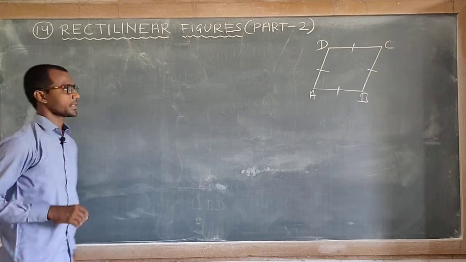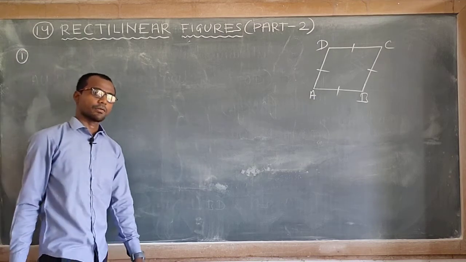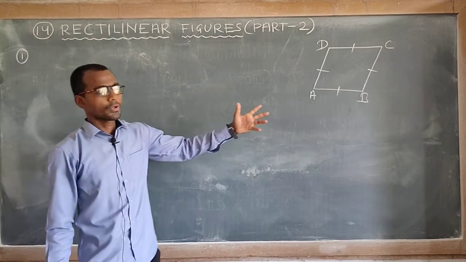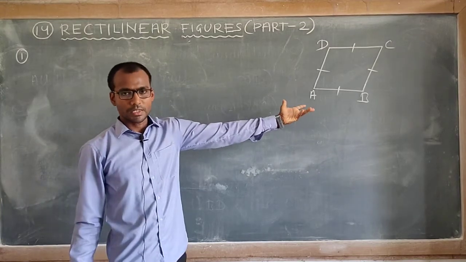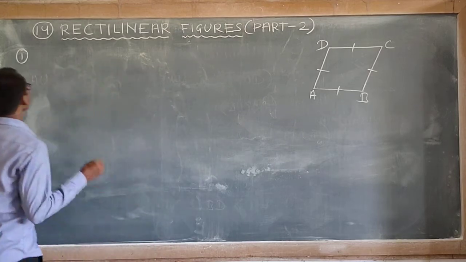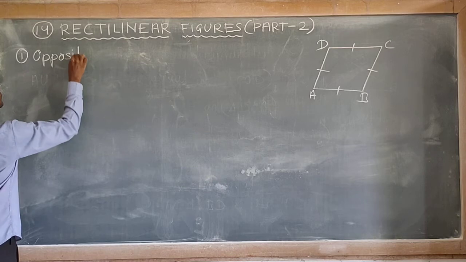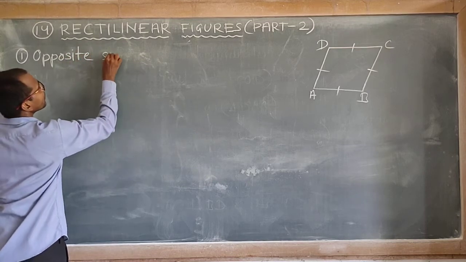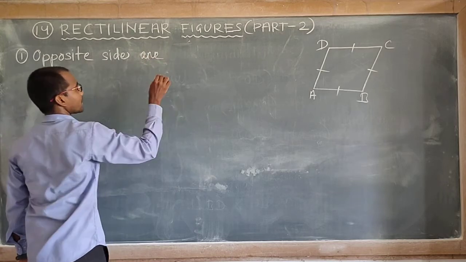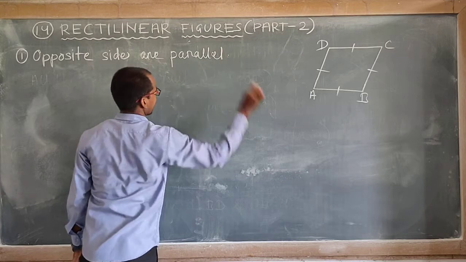Now we go for the properties. First we will go for the sides. We don't need to mention opposite sides are equal because all the sides are equal. Simply we need to mention opposite sides are parallel.